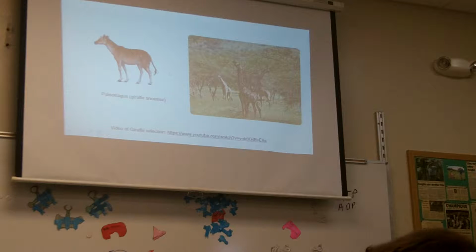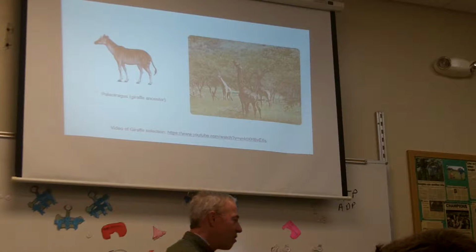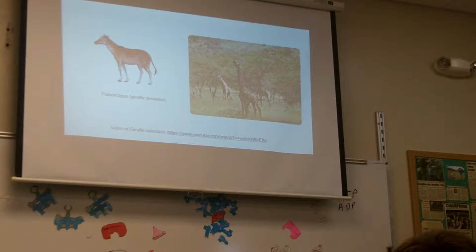They didn't exist. These things only came about recently. The modern giraffe fossil is only found going back about 5 million years or so. They evolved to have these longer and longer necks.